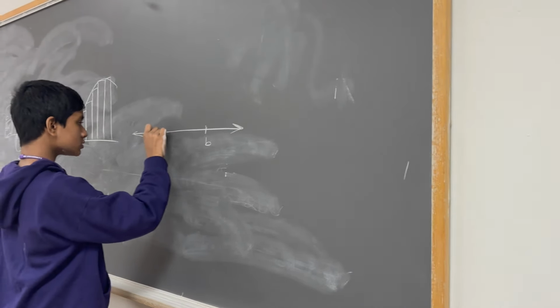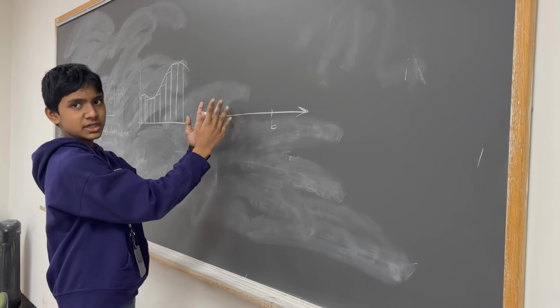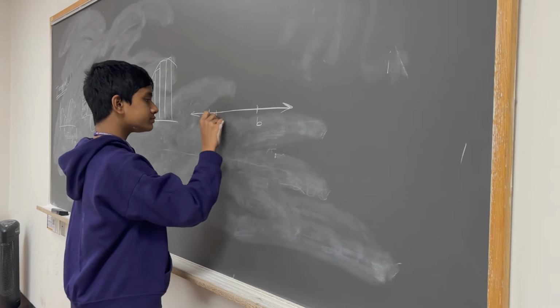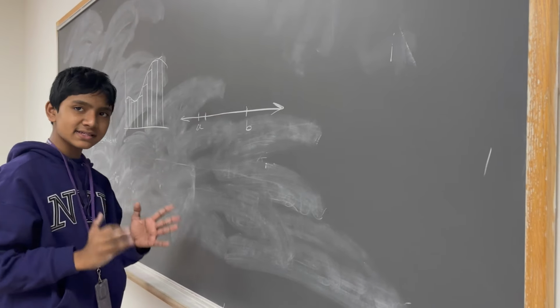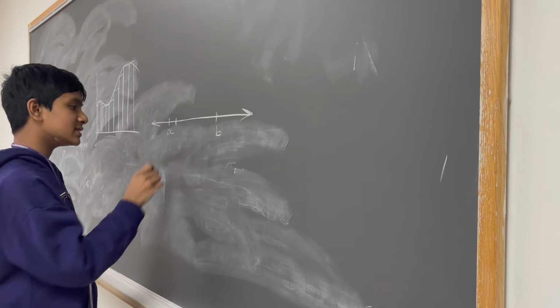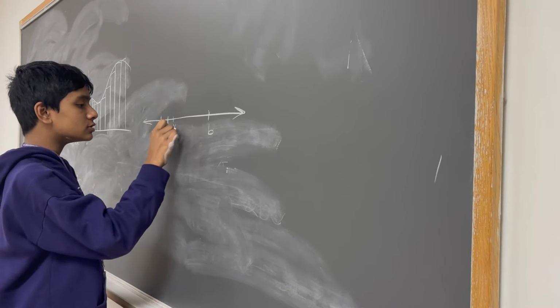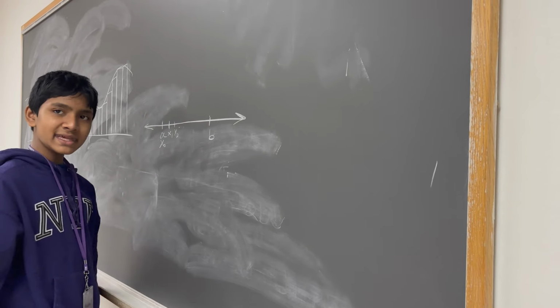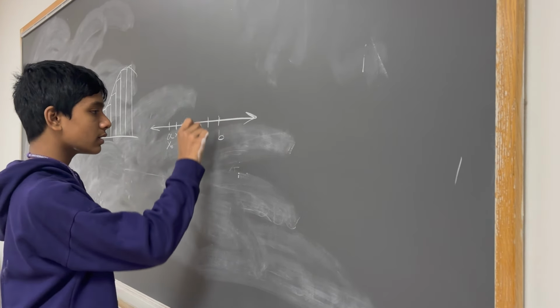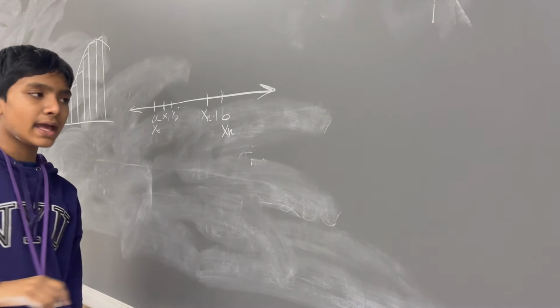So, first, we have to figure out how wide our rectangles are going to be. So, we partition this interval into several little slices. So we call this x0, x1, x2, and there can be as many x's as we want over here, and then xn minus 1, and we let b be xn.